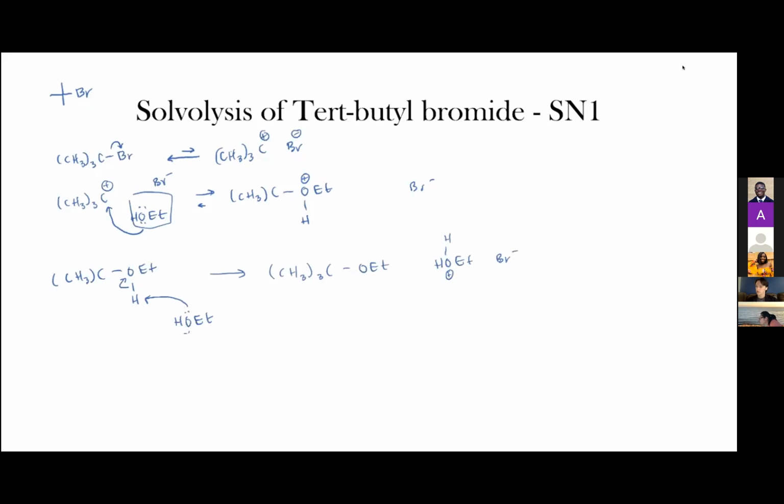Any questions on this reaction? Okay, so basically just to summarize this reaction, we have the tert-butyl bromide in a polar protic solvent, because our solvent that looks like this is considered polar and protic because it has this hydrogen still attached, so that's protic.